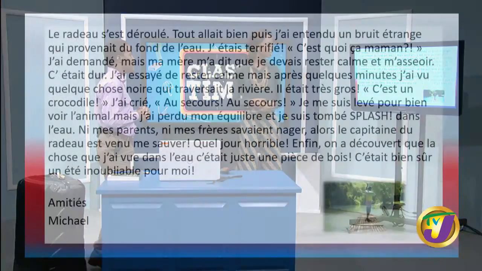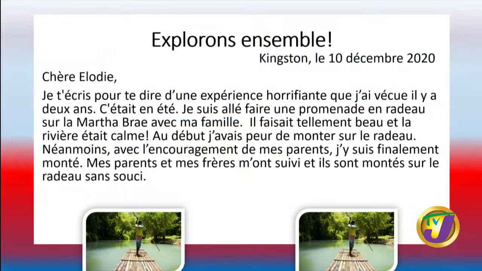Go back to the beginning of the letter for me. So, in the very first line, you will note where it says, Je t'écris pour te dire d'une expérience horrifiante que j'ai vécue. Did you notice that there was an E or an extra E at the end of vécu?